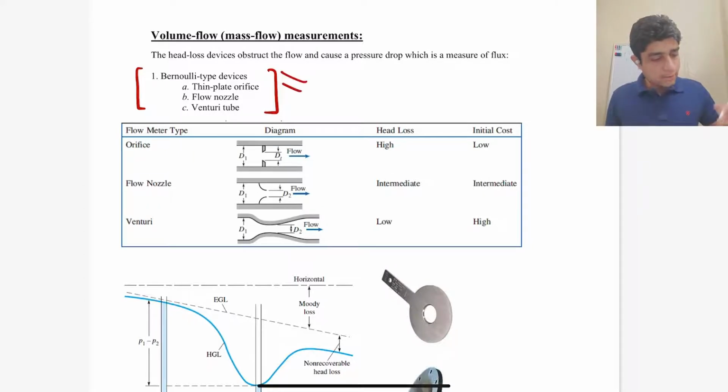So these are called Bernoulli type devices because we are using Bernoulli's equation to relate the pressure drop to the velocity. These come in a variety of different designs, but the three most popular designs are a thin plate orifice, a flow nozzle, and a Venturi tube, and they are widely used in industry.